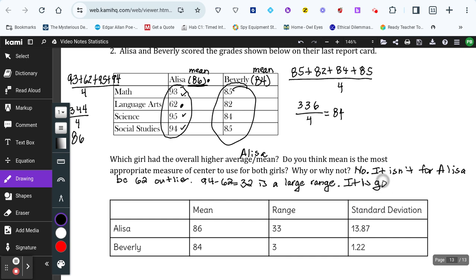Using the mean is good for Beverly. All of her data is close together. I'm going to put all her grades are close together.